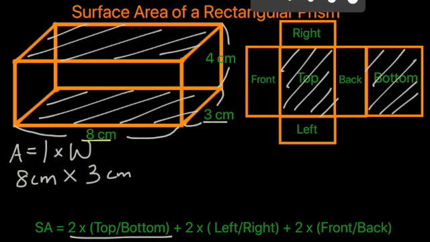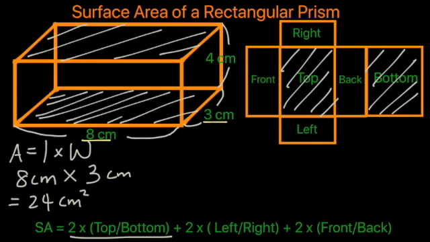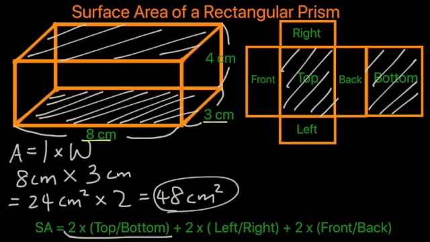And then we will have 24 cm squared. And that would be the area of one of these panels. Then after that, since there's 2 of them, we would multiply that by 2, and that gives us 48 cm squared. So this portion covers here.